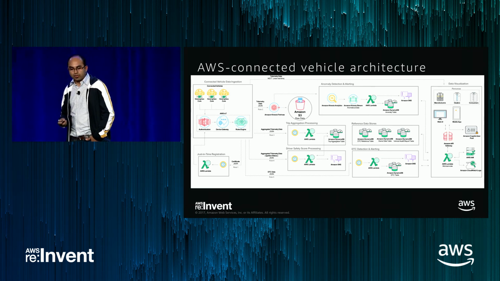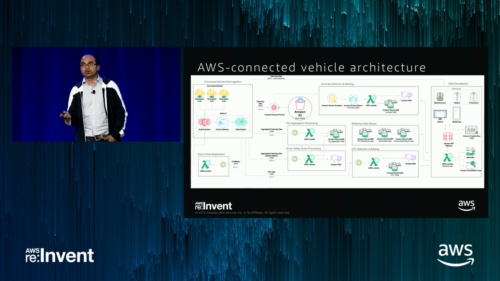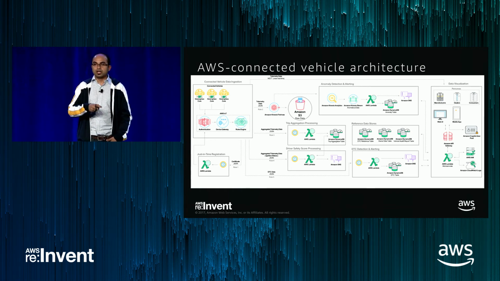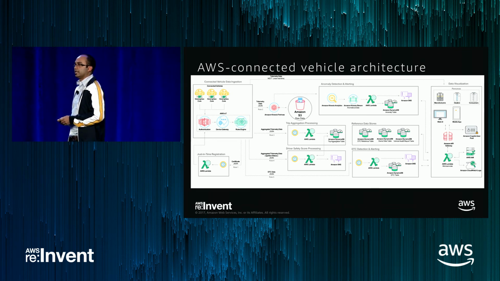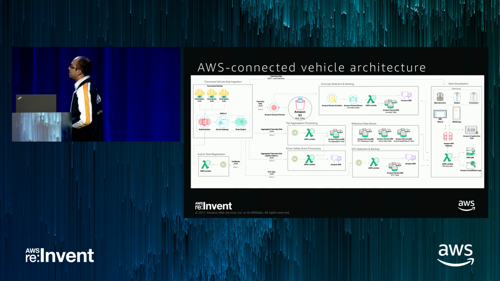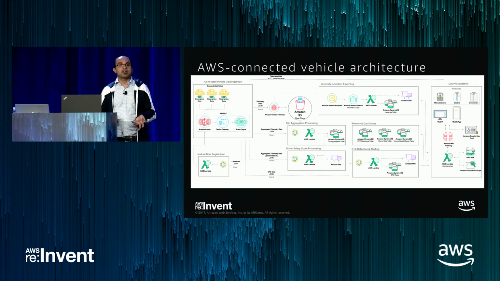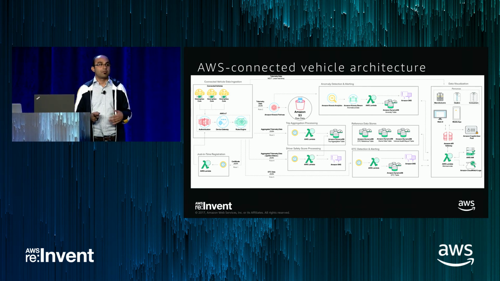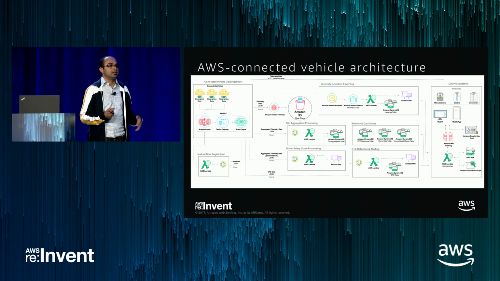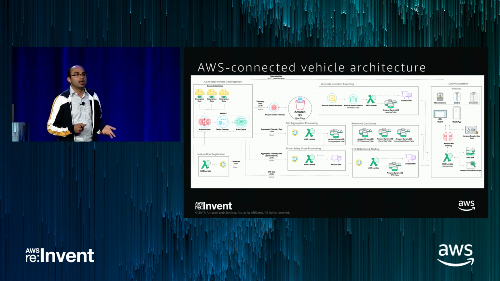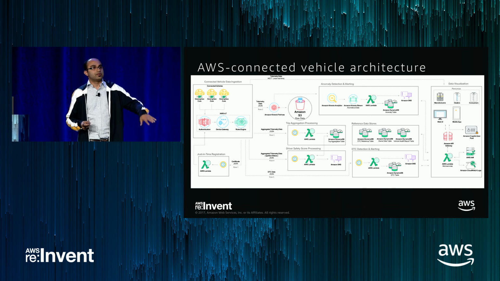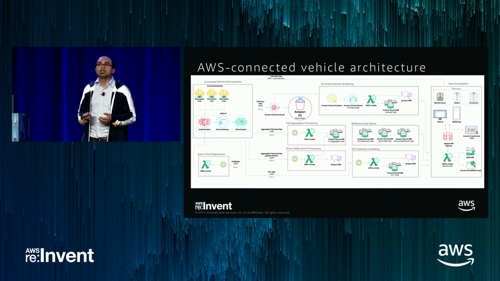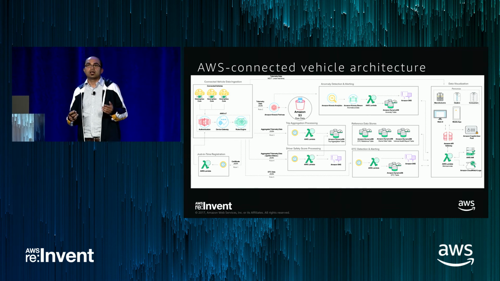And once you have ingested the data into Kinesis, you can do anomaly detection to identify, say, faulty sensors or patterns, like this driver is not driving safely, so let's send feedback and alert the driver at the dashboard that something's happening. So all of that can be done.